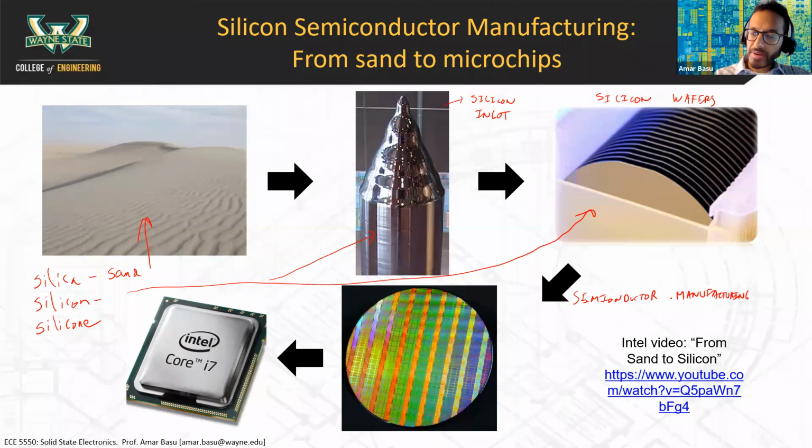A semiconductor foundry goes through these manufacturing steps, and most of the chips nowadays go through a process called CMOS fabrication. And CMOS fabrication actually consists of not just one step. It's like several hundred steps that are done inside a clean room.